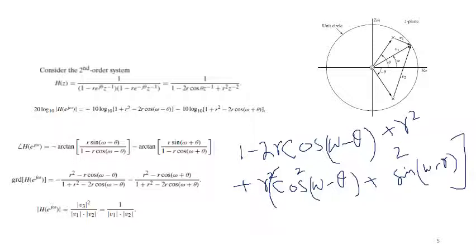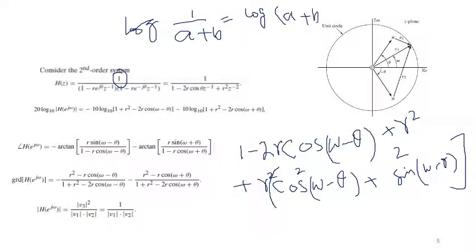And the negative sign, you understand why we get it: when you take the log of, for example, 1 over (a plus b), the log of the numerator is 0, so it will be 0 minus log of the denominator.